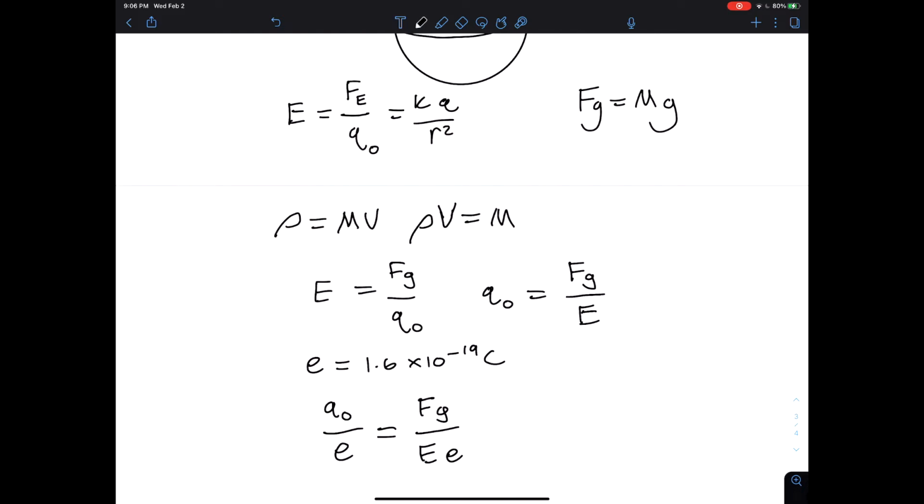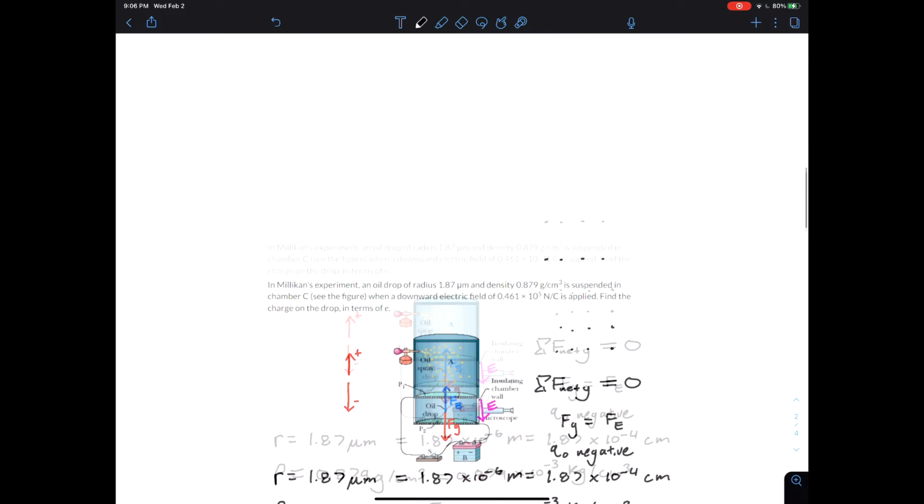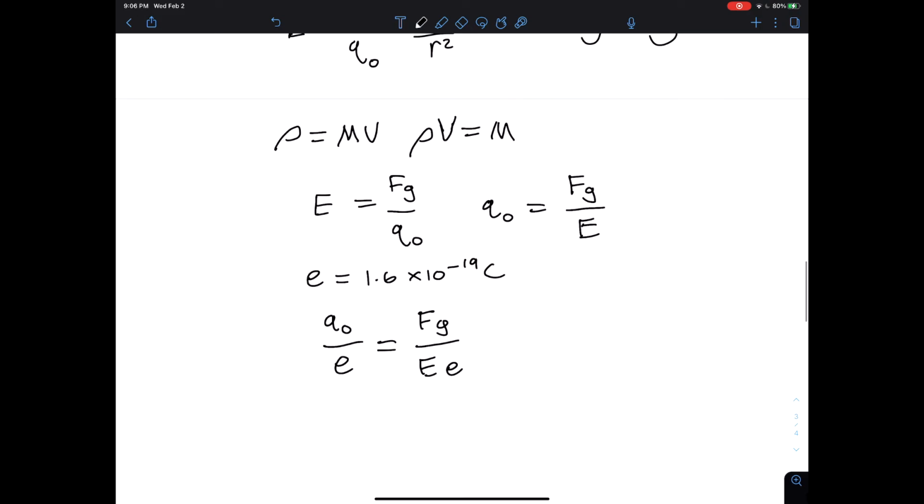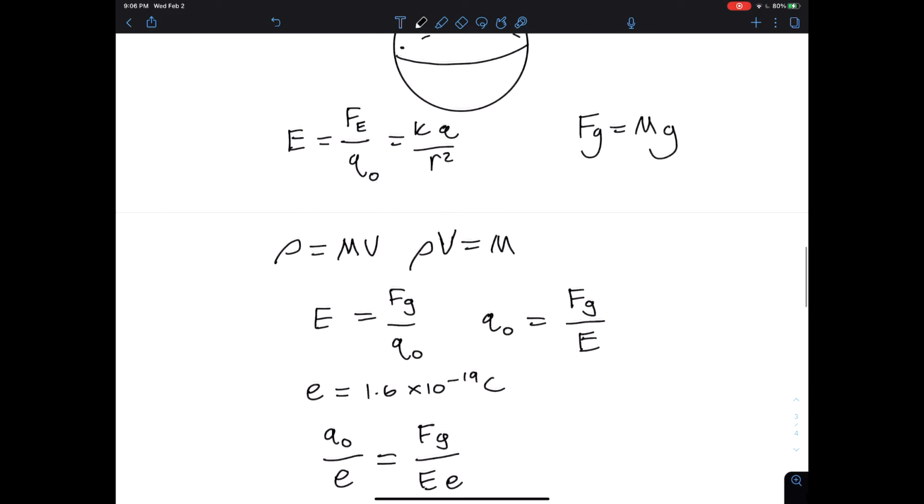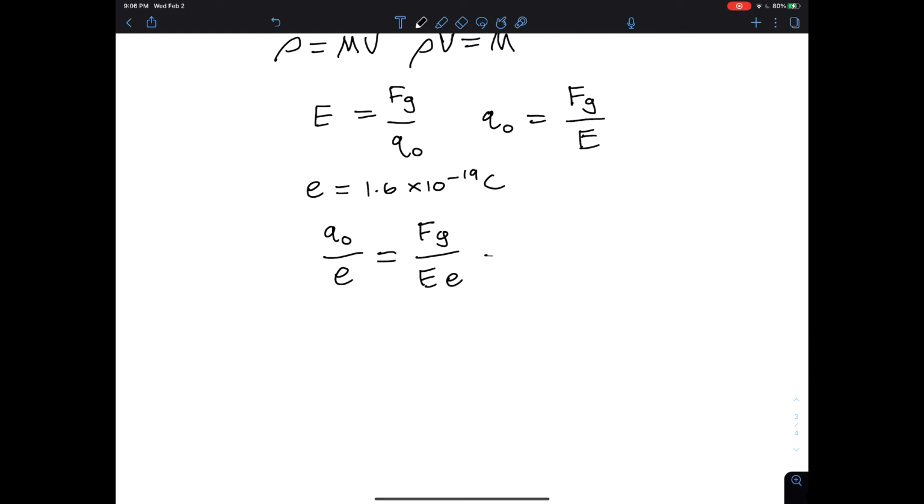Since we need the mass in our force of gravity, because we're not given anything involving the mass, we can plug in rho V g, it's not P, my bad, density, or rho, rho V g over E e.